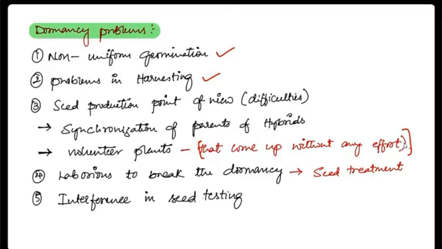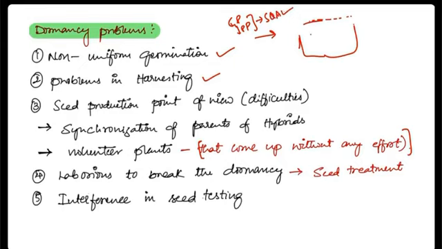And even in seed testing, if you are doing germination testing, why are we doing it? We are just seeing the ability of the seed to germinate, evaluating the seed quality. But even though it has the ability to germinate, it won't germinate because of dormancy at the time of germination testing. For example, the seed lot is fine. I take a sample of seeds from a certain seed lot that is genetically pure, physically pure, and all the seed quality attributes are fine.